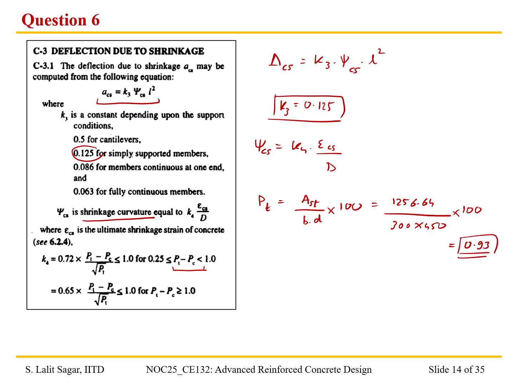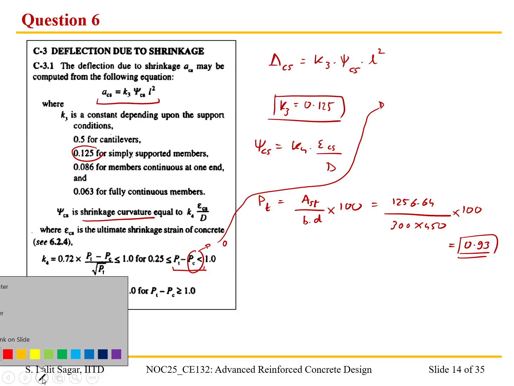For the time being, we can ignore the value of PC and take it as 0. Since PT minus PC is in this range, we can use this formula to calculate the value of K4. Let me calculate the value of K4 over here.